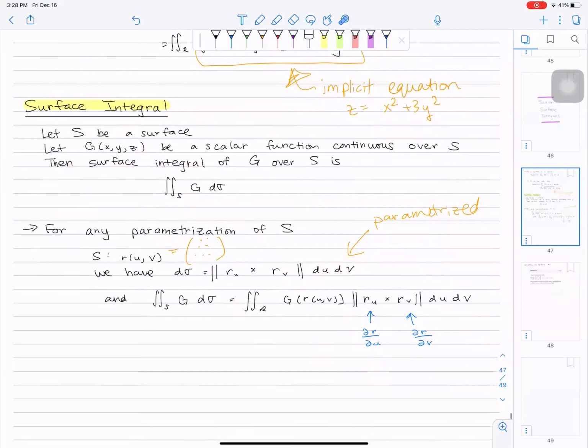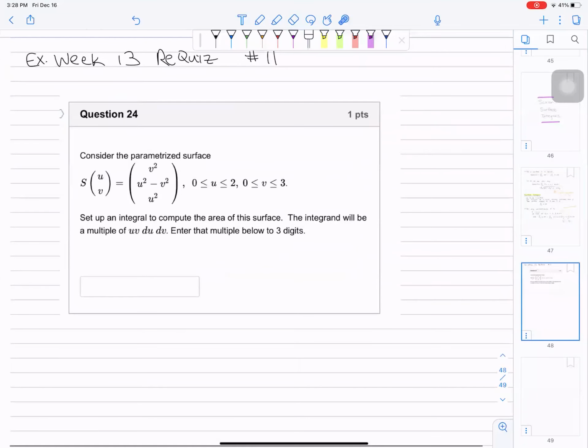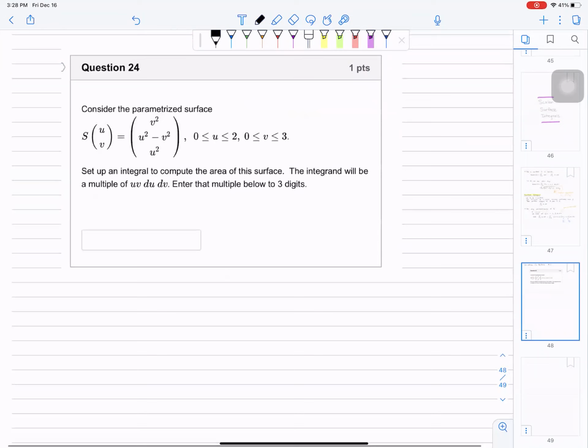All right, so let's do an example. We have a parameterized surface, and it's given to us parametrically. We want to find the surface area element, d sigma.